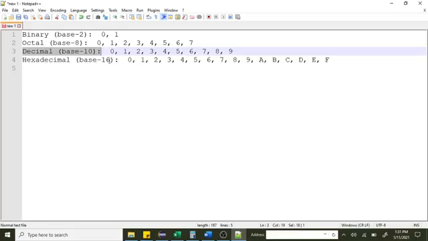So we need 16 numbers. So we have 0 through 9, and that only gives us 10 numbers. So where do we get the other 6 numbers? We just start using letters. So we go A through F. Okay, so these are the different common types of numbering systems and the values that are allowed.